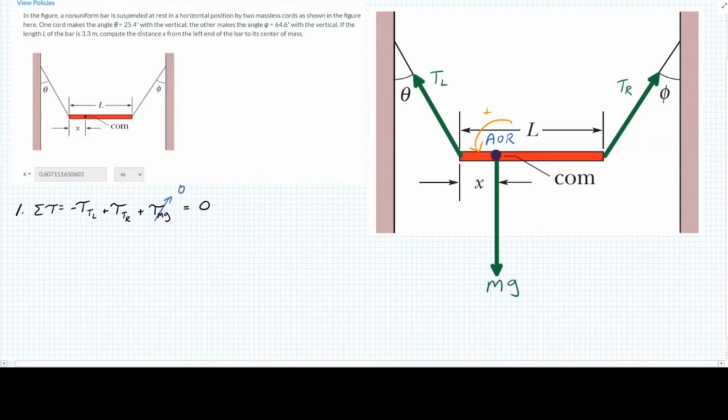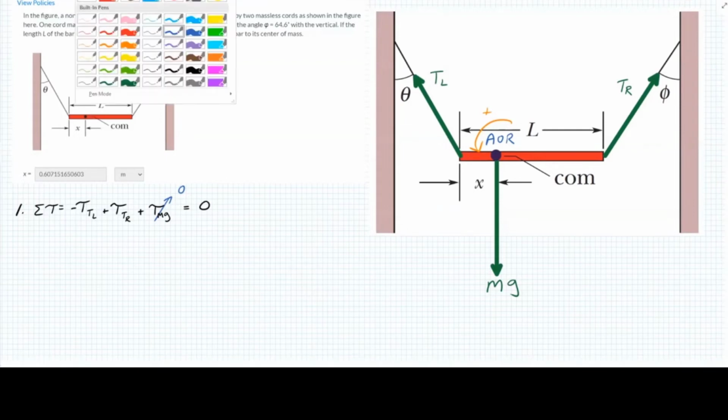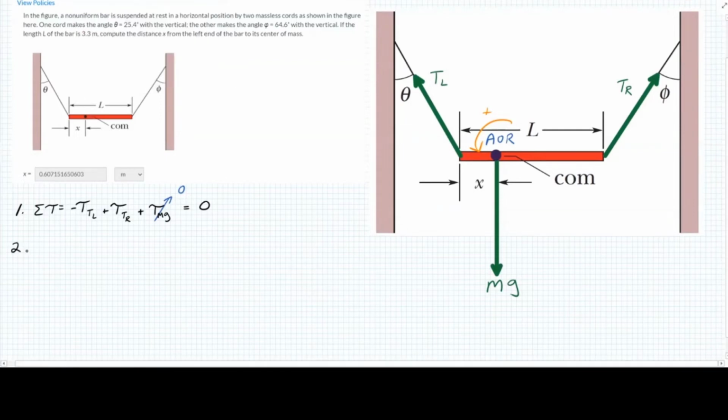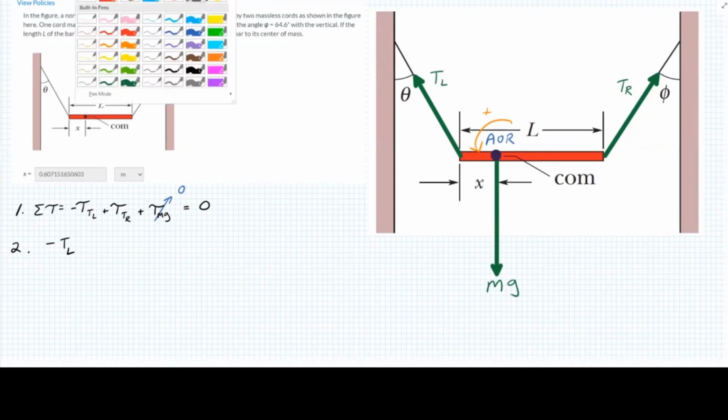Okay, so I can say the following. Number 2: negative of this left side tension force times the torque arm, or I'm sorry, times the position vector. Here's the position vector right here. I'll draw it. It looks like this.